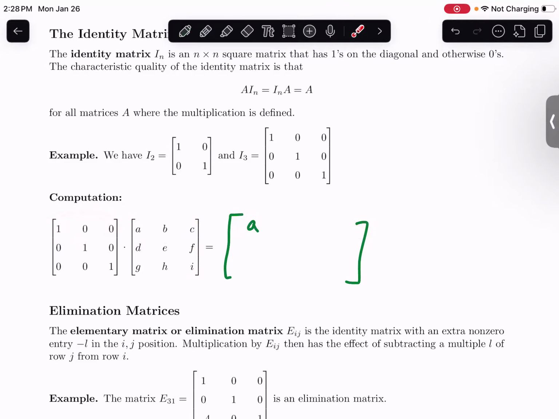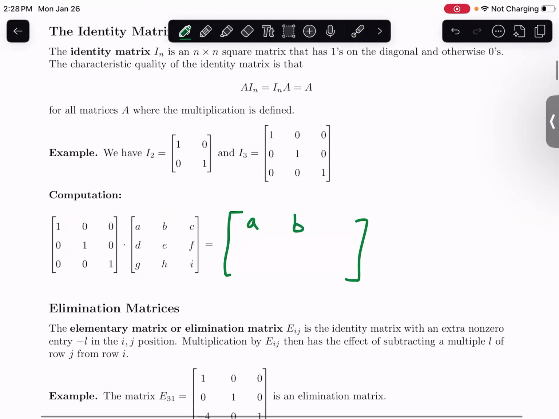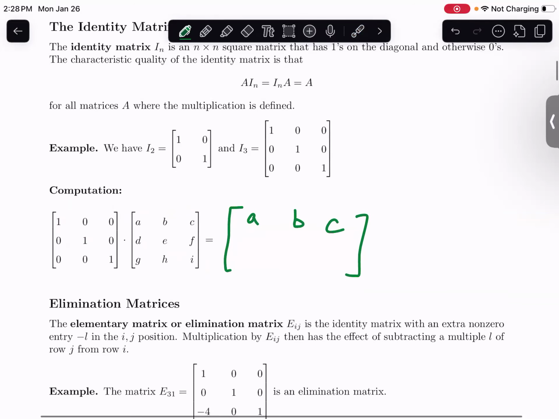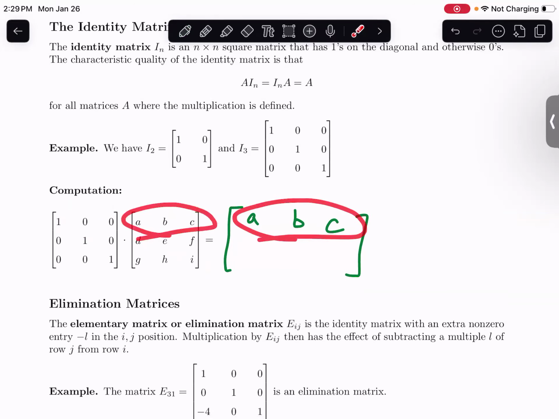Then the 1, 2 entry is the dot product of this row with the second column, so that's just going to give you B. The 1, 3 entry is the first row dotted with the third column, which is just going to be C plus 0. You can see we just picked off the first row. It's the same idea for the second row.